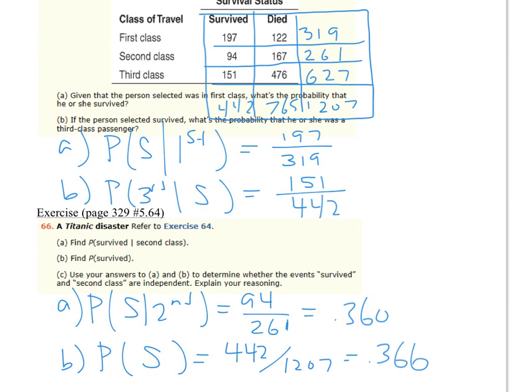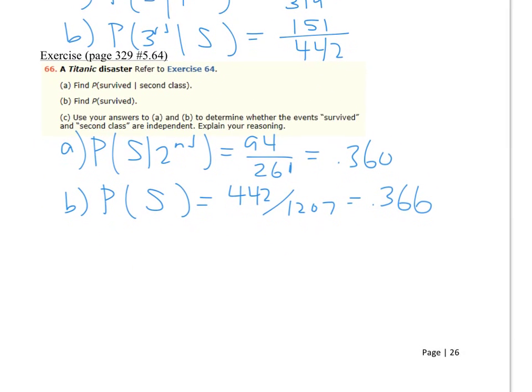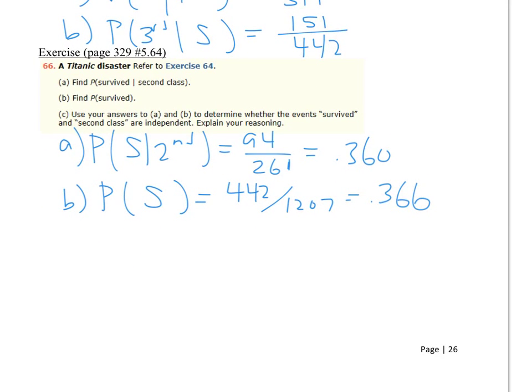Part C asks me to use these answers to determine whether the events survived and second class are independent. Well, as I said on page 25, I can do this independence test by checking whether or not the probability of survived given second class equals the probability of survived.